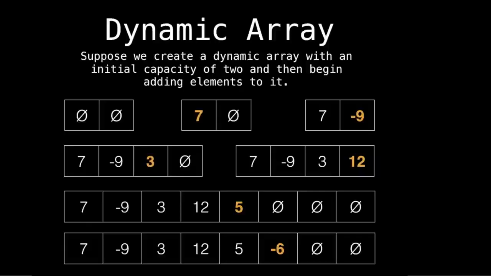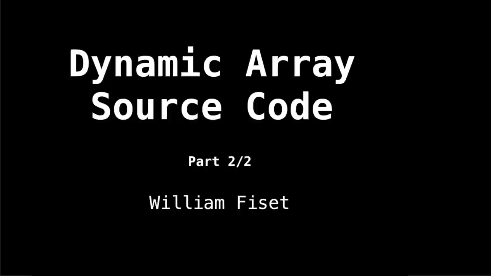Now if we add 12, everything's still okay. And if we add 5, we have to do a resize again, so double the size of the container, copy all the old elements into this new larger array, and then finish off by adding 5. And similarly, we can add 6 without any issues.